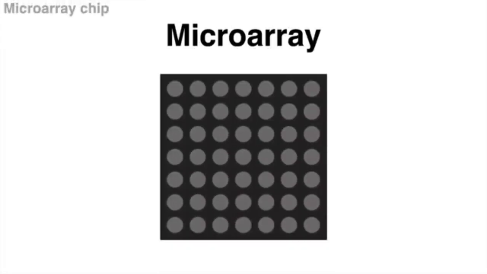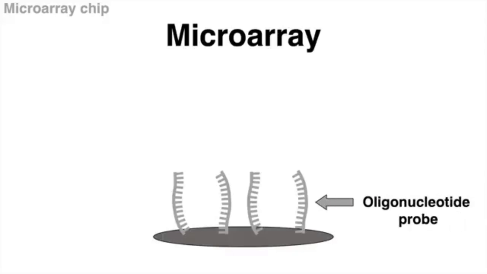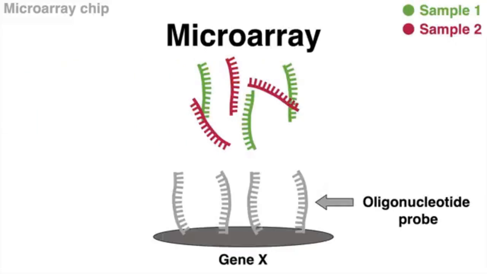When we take a closer look at the DNA microchip, a microchip has many spots. Looking more closely into one of them, each spot is coated with multiple identical probes. These are short oligonucleotides that cover the sequence of a specific gene. Now we can observe the spot of gene X when we add our samples.